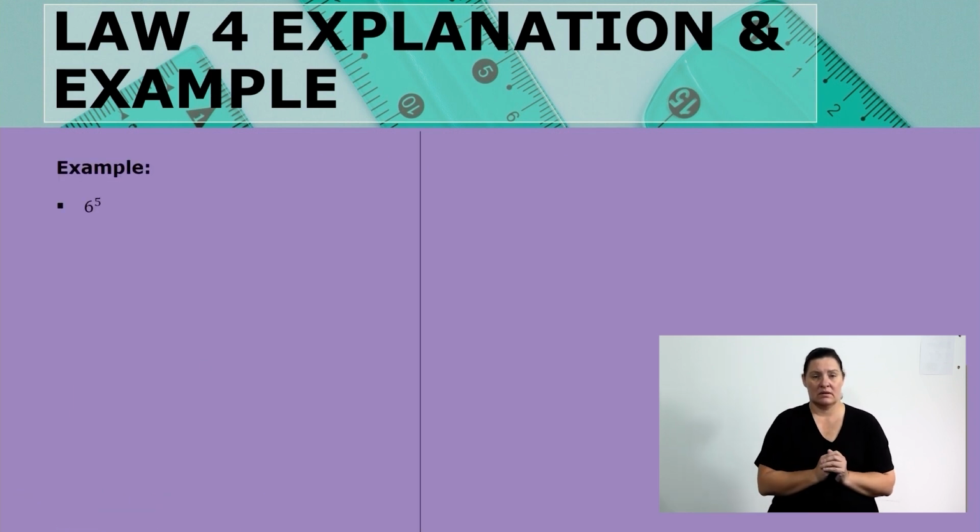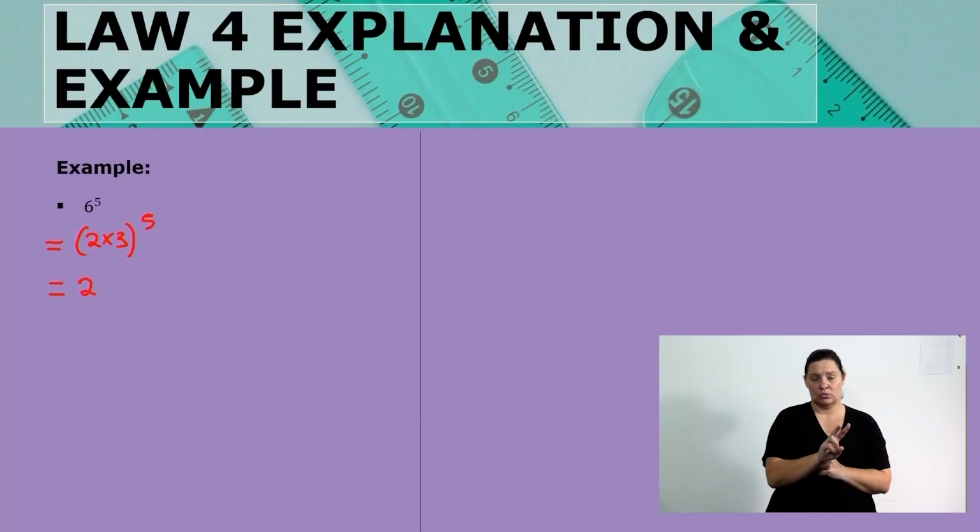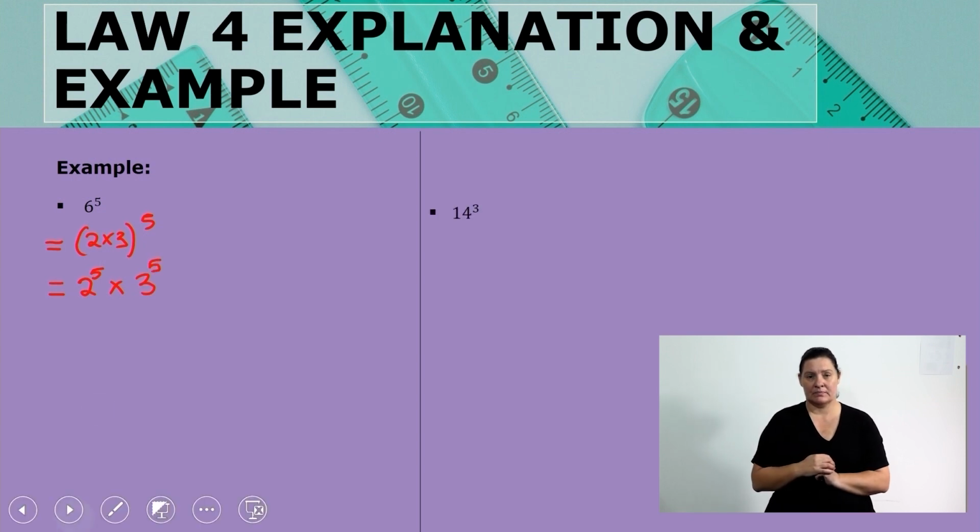Here I have 6 raised to the exponent 5. Now remember, 6 can be written as 2 times 3. So you can break down these numbers into factors so that it can be easier for you to calculate. So this is going to be 2 to the exponent 5 multiplied by 3 to the exponent 5.